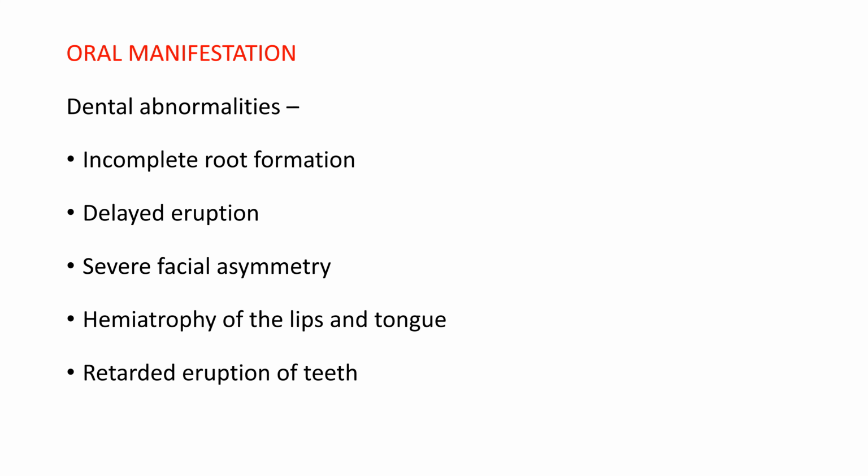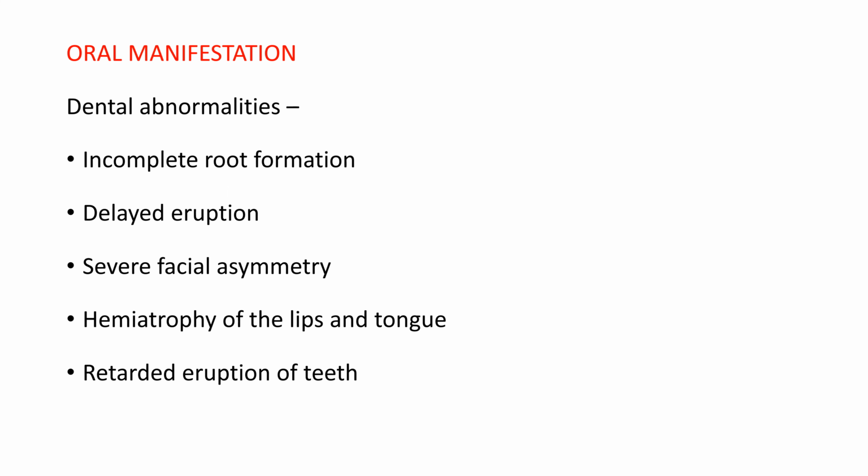Next is oral manifestation, that is the abnormalities seen in the oral cavity. In dental abnormalities, first is incomplete root formation, so root formation is not complete. Next is delayed eruption.